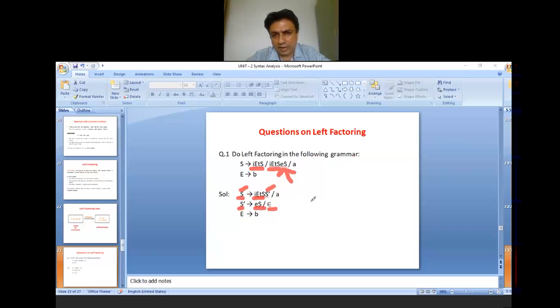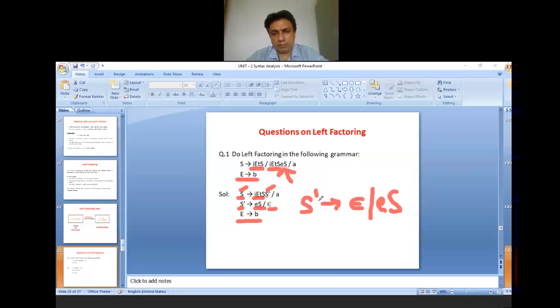You can also write it as S dash produces epsilon first, oblique, eS. Both will be treated the same, and this production contains no left factoring, so we can write it as it is.